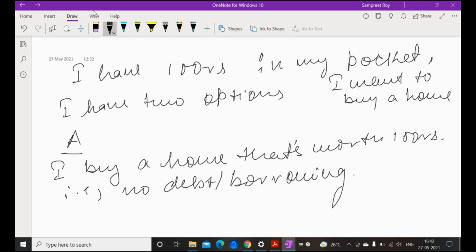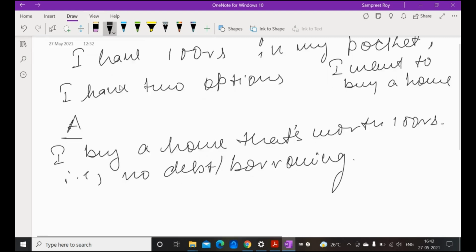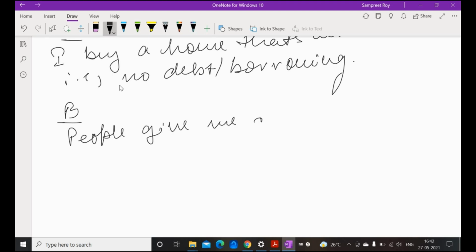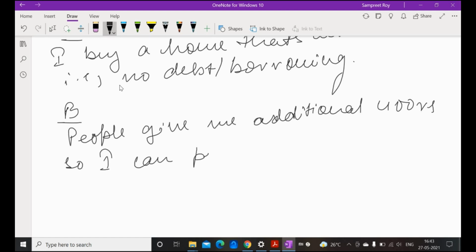In the second case, I have this option where people will give me an additional 400 rupees so I can purchase a 500 rupees house.